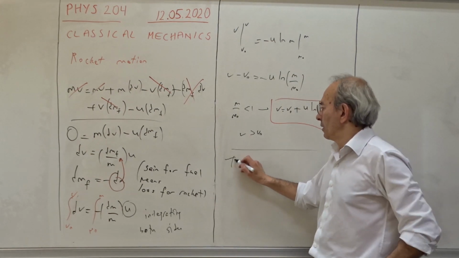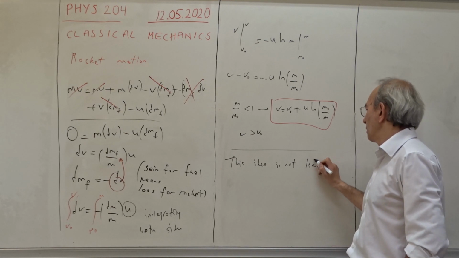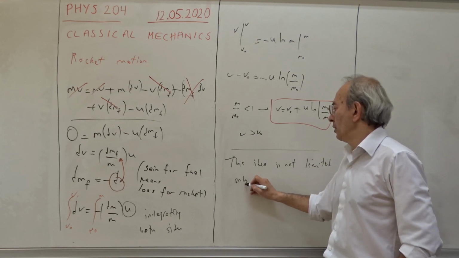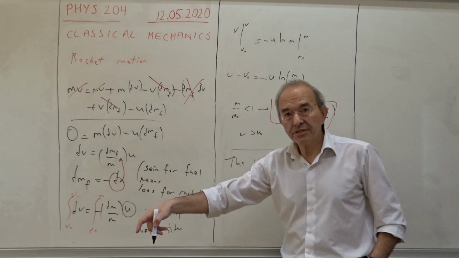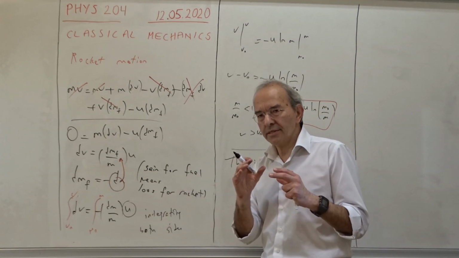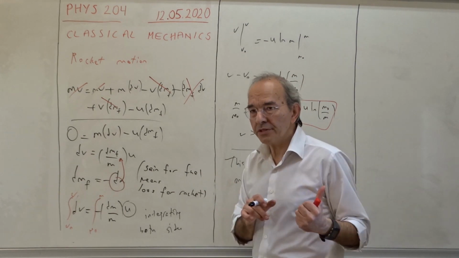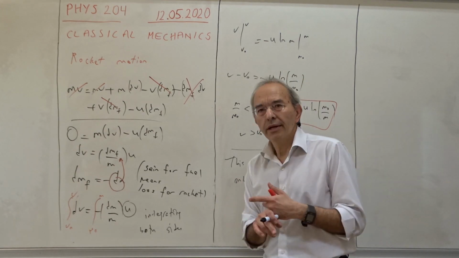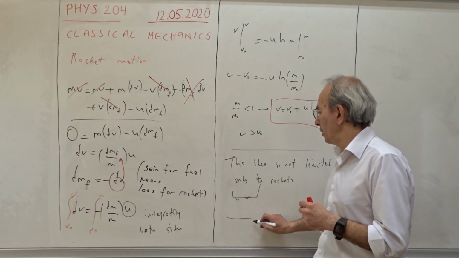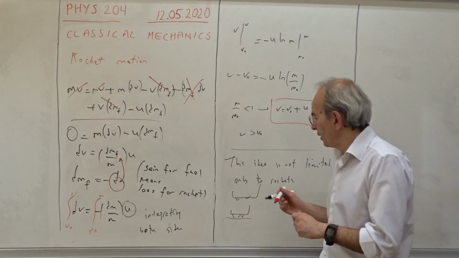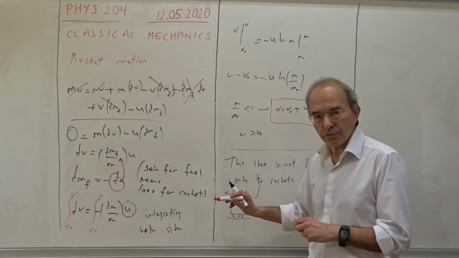But this idea is not limited only to rockets, because as in the previous example where we had two railway cars, as some sand is thrown, if you compare the previous example with the rocket in this problem, there is a slight difference, and it is important because in the case of this railway car, the sand was falling down, but the sand wasn't exhausted backward or forward.